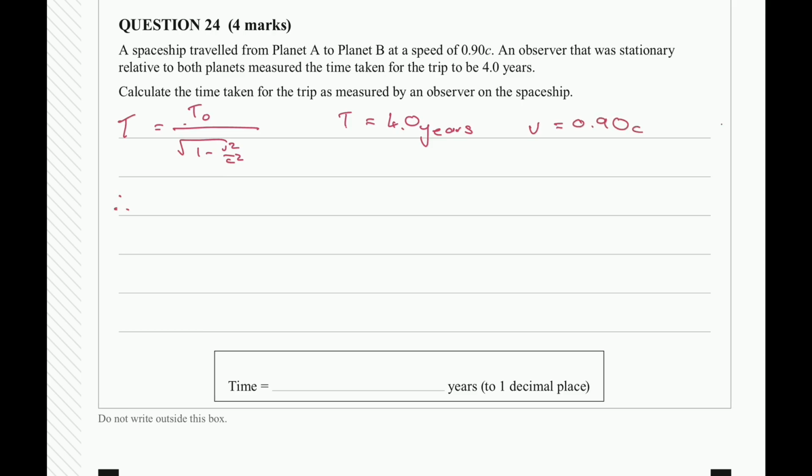So we can go through, therefore, 4.0 is equal to t naught over root 1 minus, in brackets, 0.9 c squared over c squared.